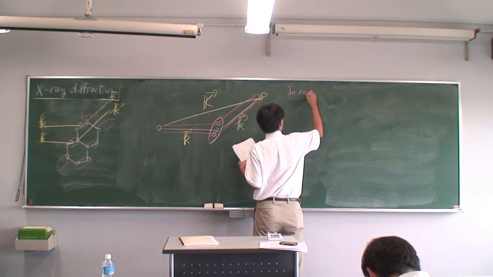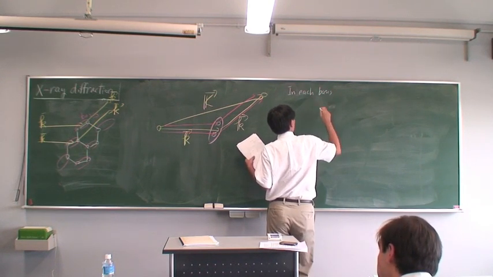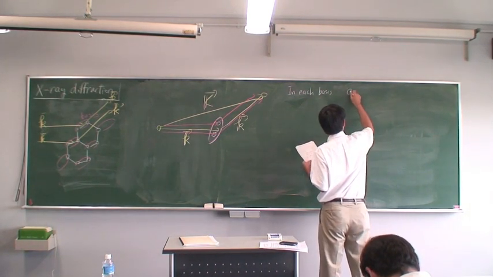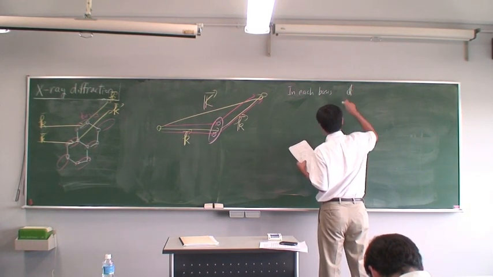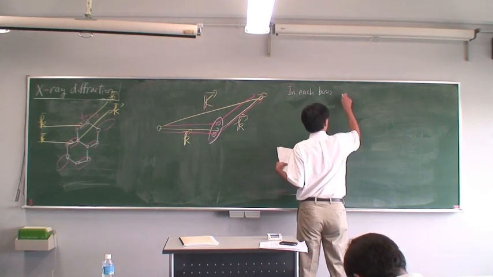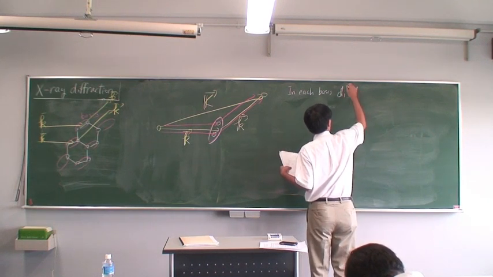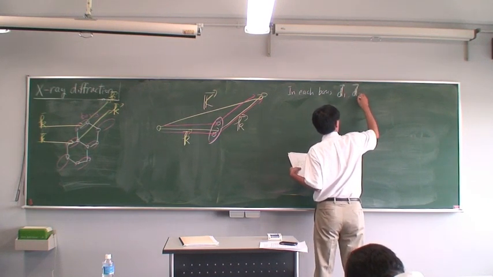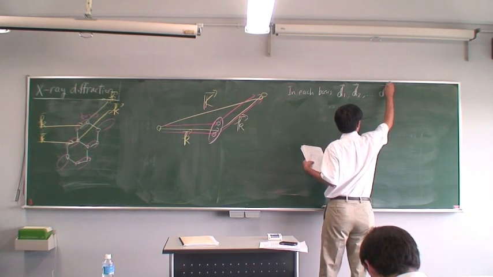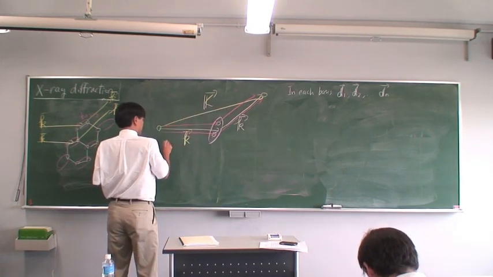In each base, let's say we have D1, D2, Dn. N means that we took some origin somewhere.